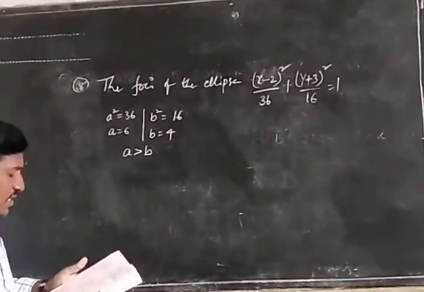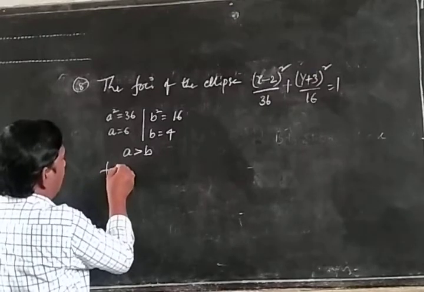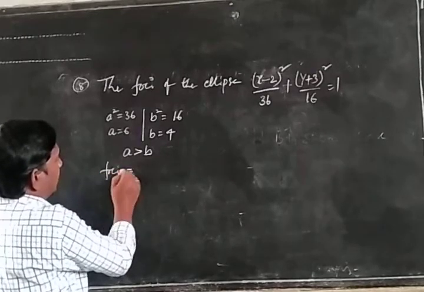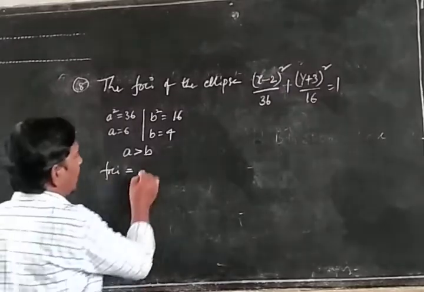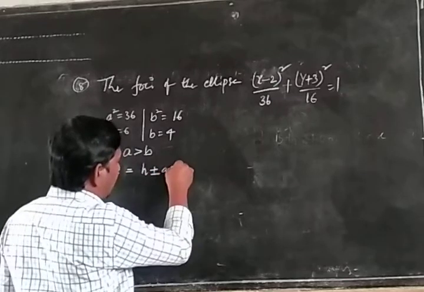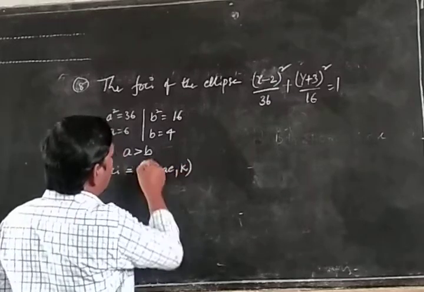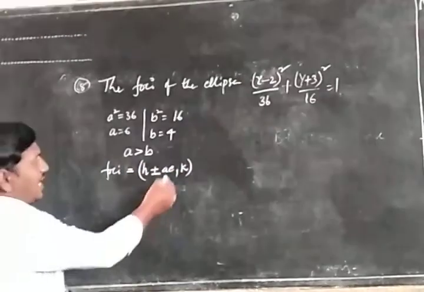So what is asked here? Foci. We know, as already given in the comprehension, foci equal to h plus or minus ae comma k. We don't know e, so we have to calculate e.